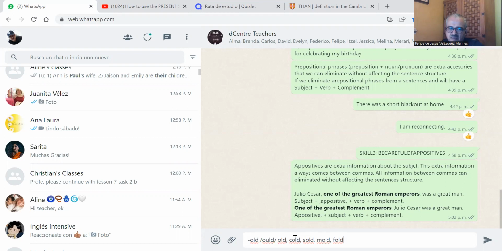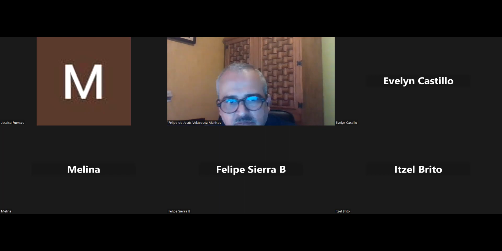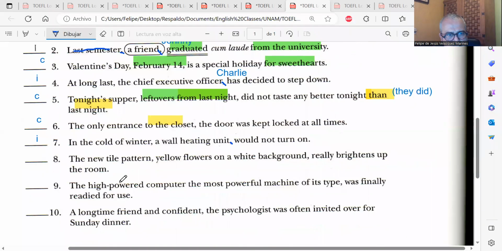If you give them this kind of tip, they will remember that anytime they have OLD, they will say old. Of course there are exceptions, but we go to the general rule. The intention is always to correct with the focus that in the future the student can self-correct. Okay, very good. Then let's continue. Number 8.